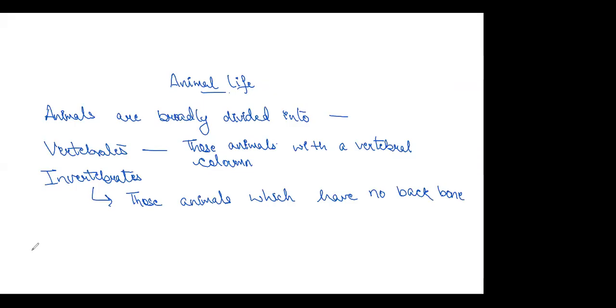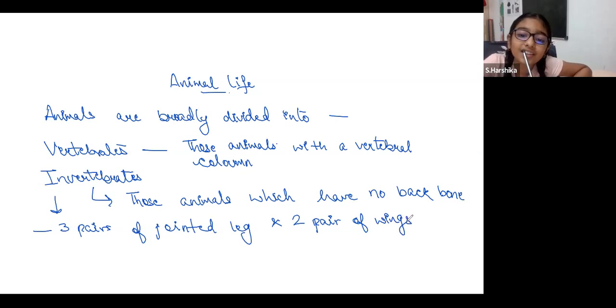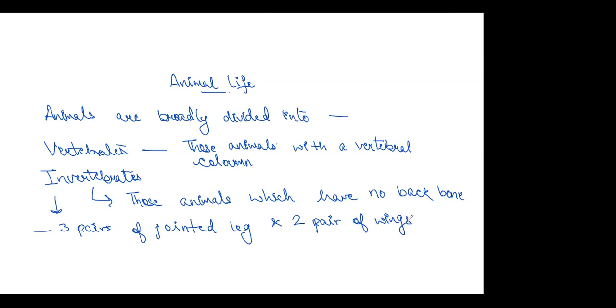So now invertebrates. The features of invertebrates are that they have 3 pairs of jointed legs and 2 pairs of wings. 3 pairs of jointed legs means 6 legs.